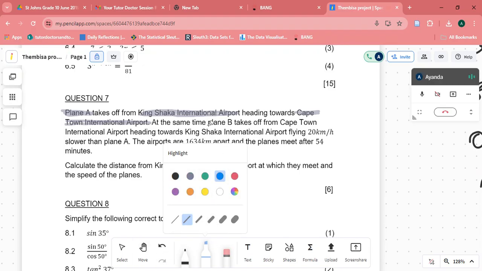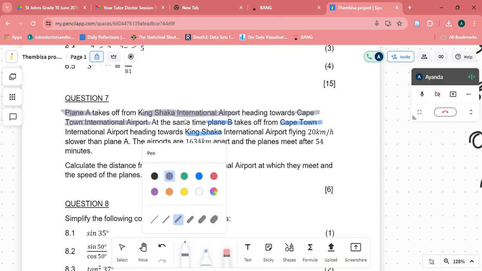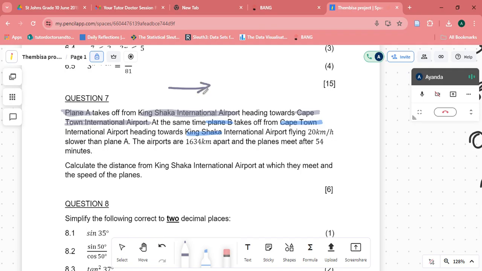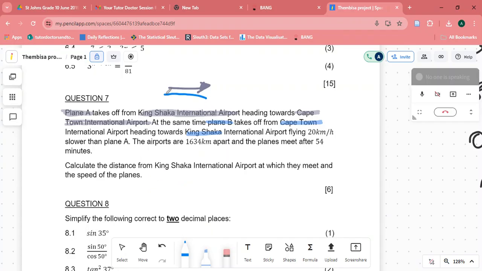Then we have plane B, which takes off from Cape Town and it's heading to King Shaka. So these planes are going in opposite directions. Right? So this one's going east to west, this one's going west to east.